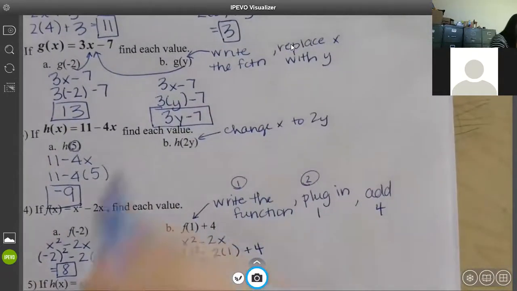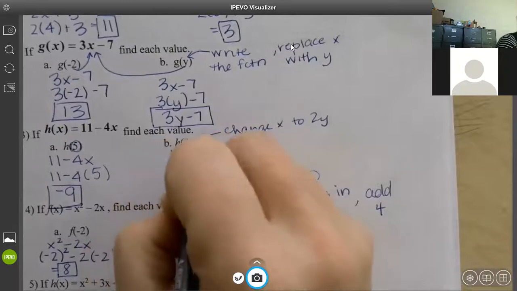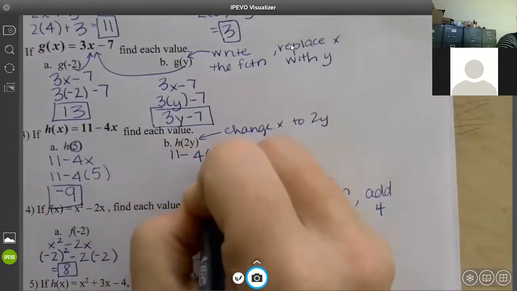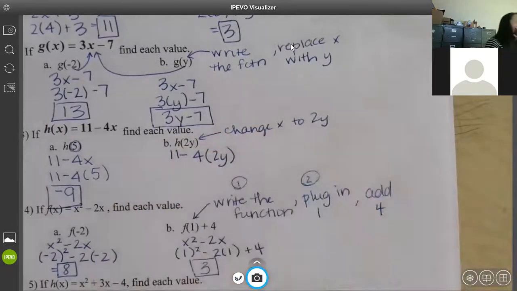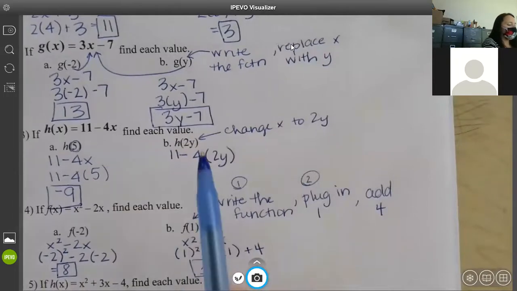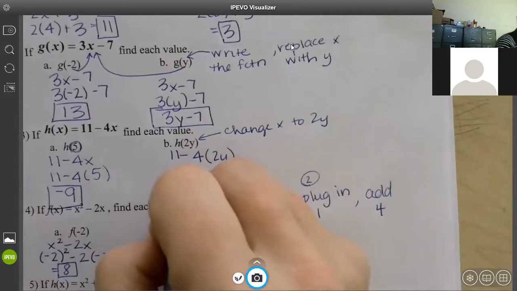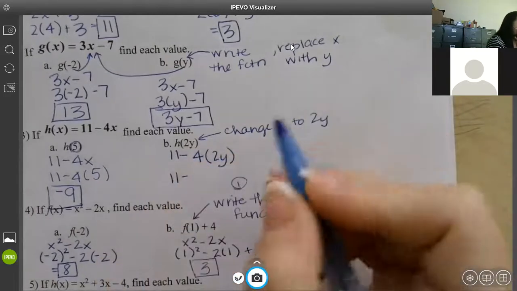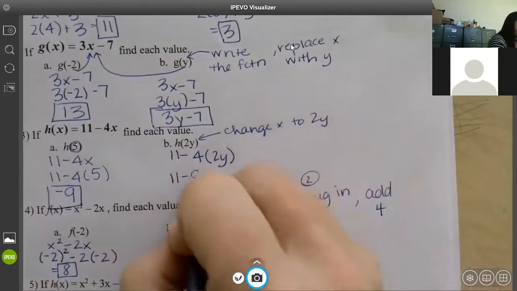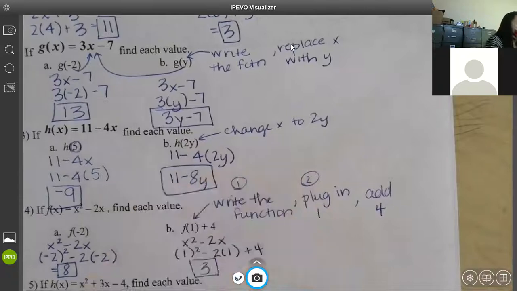So that's the weird part about it. So 11 minus 4, change x to 2y. What is 4 times 2y? What's 4 times 2? 8 and y. That's it.